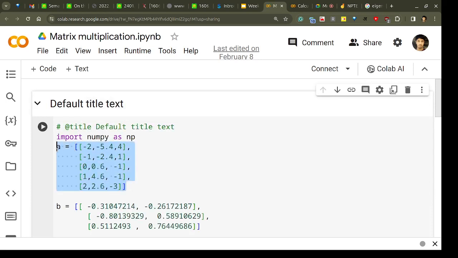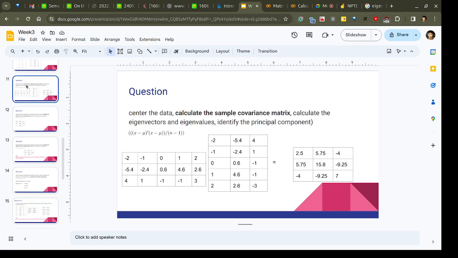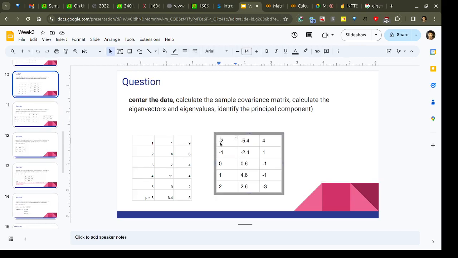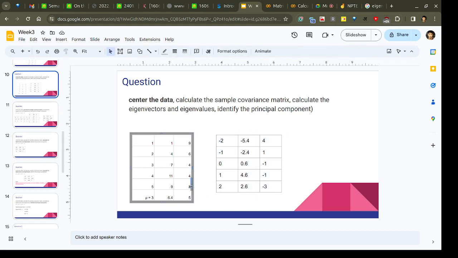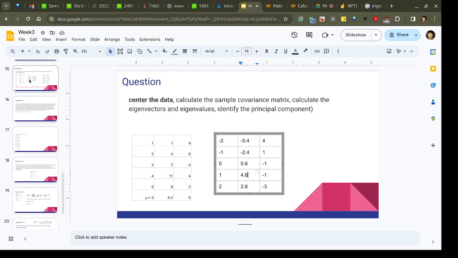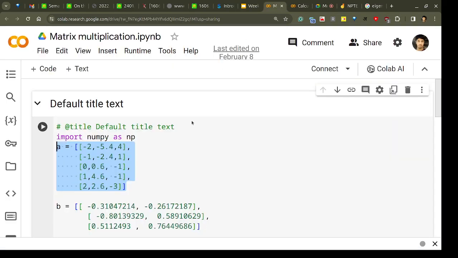Whenever you are transforming to a principal component, you have to take the data after centering. After centering the data is this, so you have to transform this data, not the original matrix. So I am taking the centered data and multiplying by the first eigenvector and the second eigenvector.